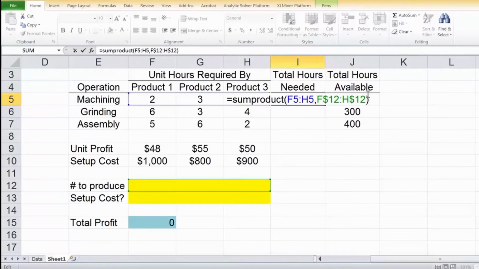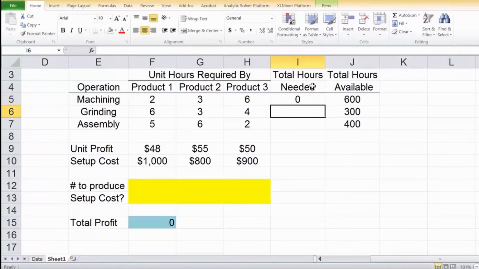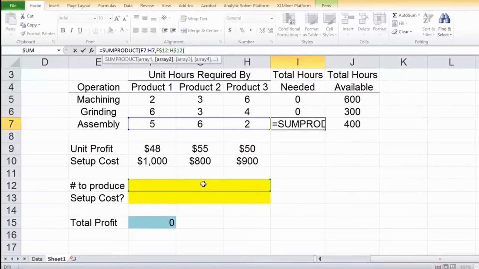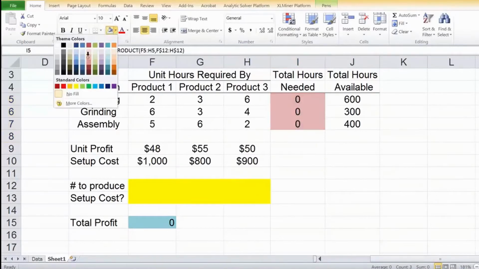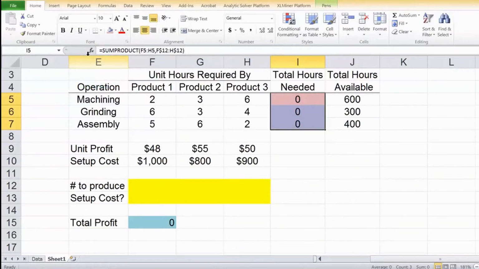So that's the resource needed for machining. I'll copy this all the way down. Click inside the last one to check. So that's the resources needed, and I'm going to shade them in red.